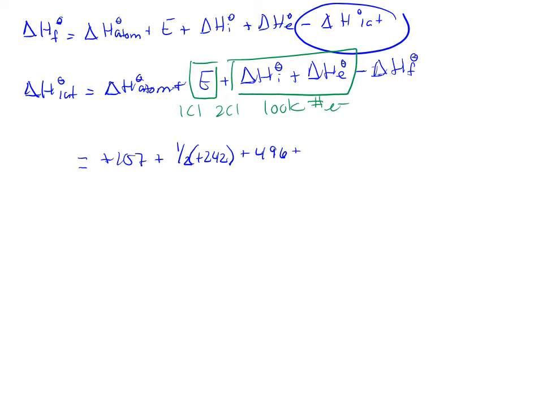We have 1 electron being accepted by chlorine, and it has a negative value because it's forming that quote-unquote bond. And then we have our delta H of formation, which is 411. Do the math, right? You get positive 786 kilojoules per mole.